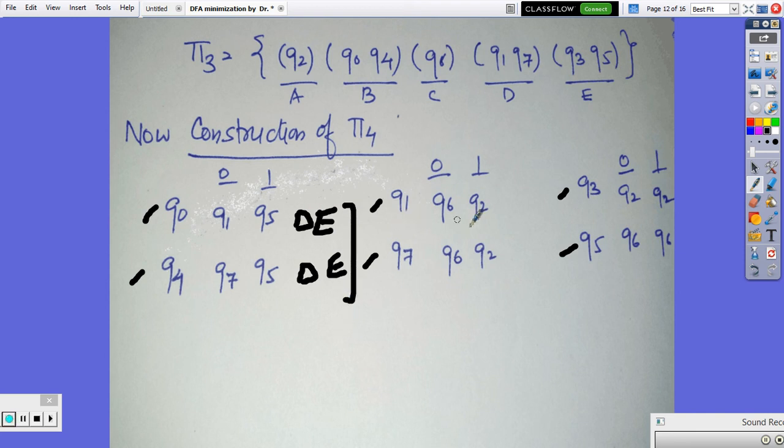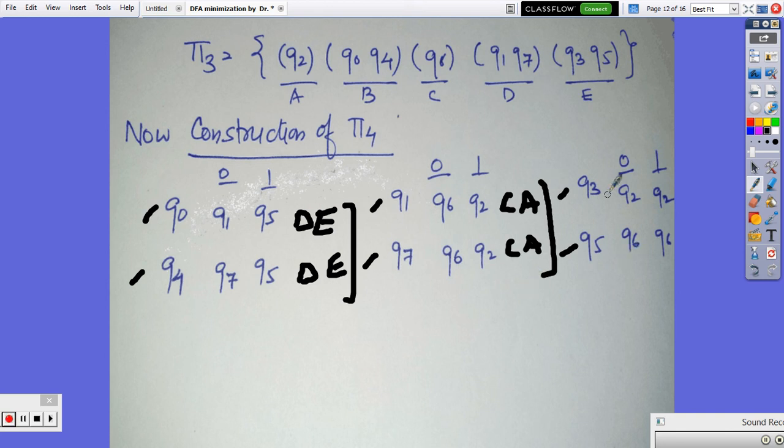Now here we see Q6, Q2. Q6 belongs to C and Q2 belongs to A. This is also Q6, Q2. So CA, that means this set also cannot be further split.